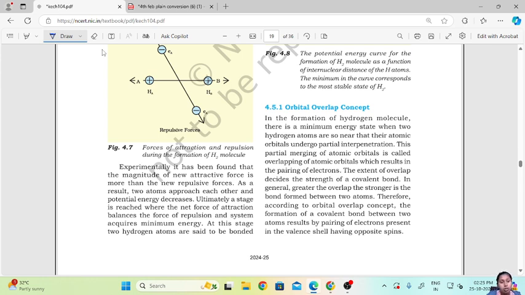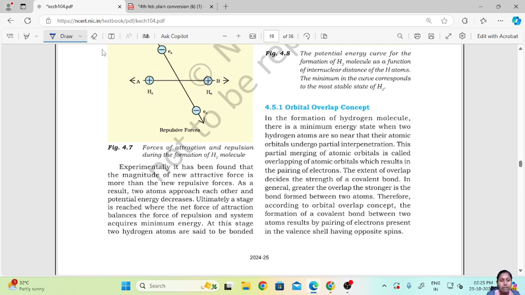So as a result, two atoms approach each other and potential energy decreases. Since the energy of repulsion is less than the energy of attraction that is generated, both the atoms approach each other, and the potential energy overall decreases.